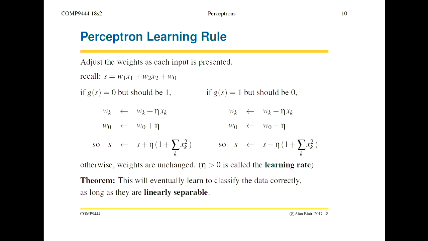So let's say you give it an image that is a C and it outputs 1. Well, it got the correct answer, so I don't change anything. Or you give it an image that's not a C and it outputs 0. Well, again, it got the correct answer. So the only time we change the weights is if we present an image that is a C, but it outputs 0, or we present an image that's not a C, but it outputs 1. So we only change the weights if it gets the answer wrong, right?